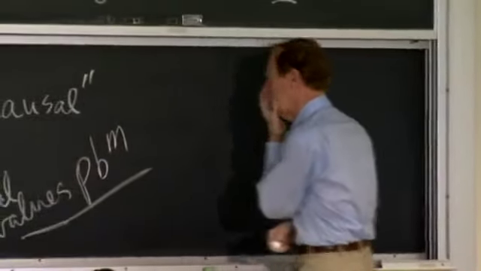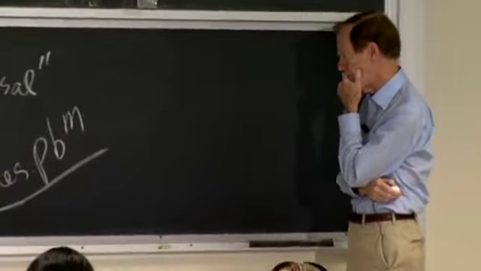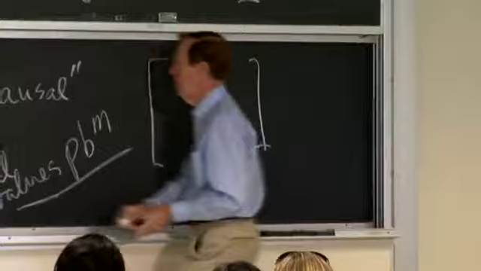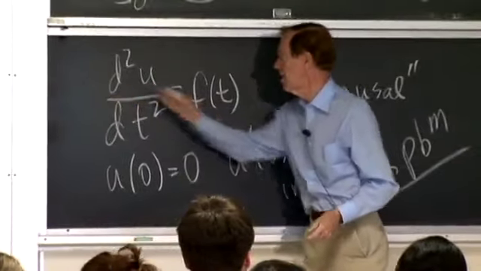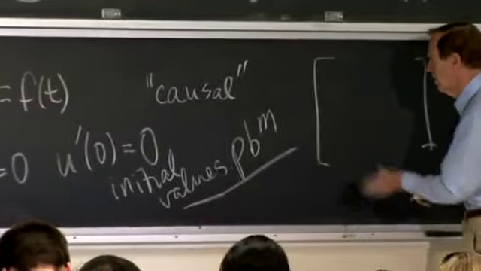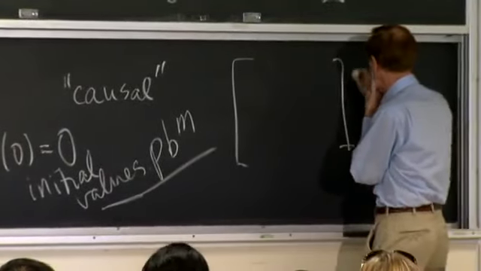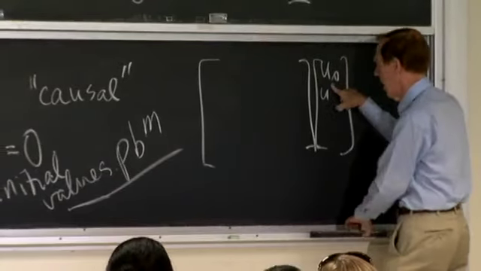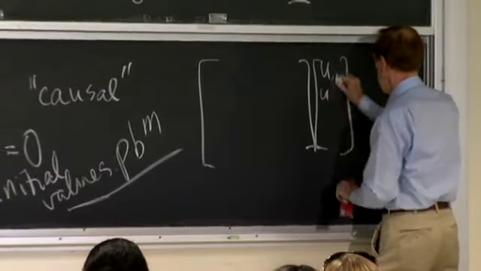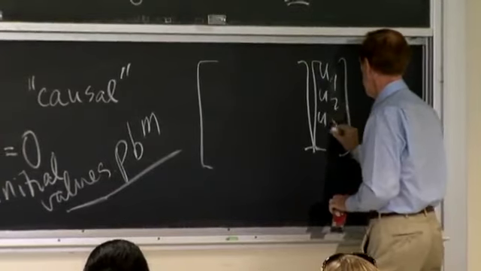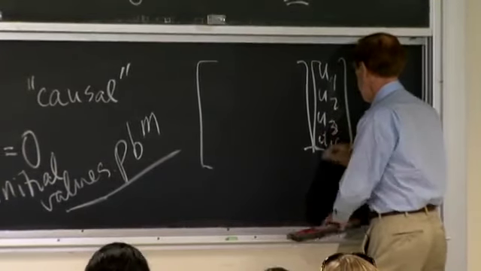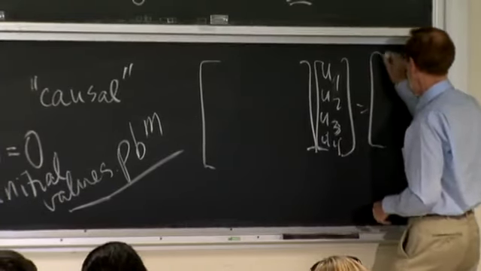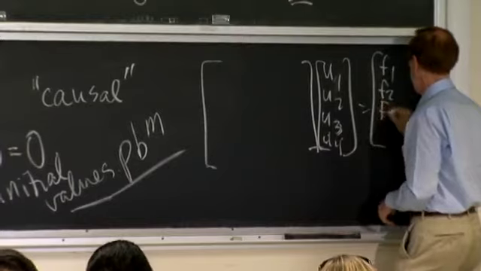What would the matrix look like? Here's what I think it would be. I've made this plus there, just so I'll remember that. So I'm looking at U0, U1, no, well, U0 I actually know, so let me start with U1, U2, U3, U4, with right side F1, F2, F3, F4.